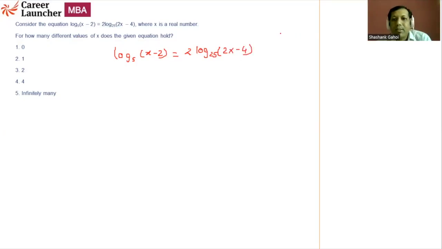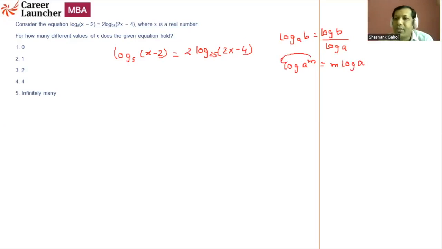Okay. So there is a formula that is log_A B is equal to log B upon log A. And there is another formula that is log A power m, and that is equal to m log A. The power comes in front, that's it. So we are just going to use these two formulas and solve the question.